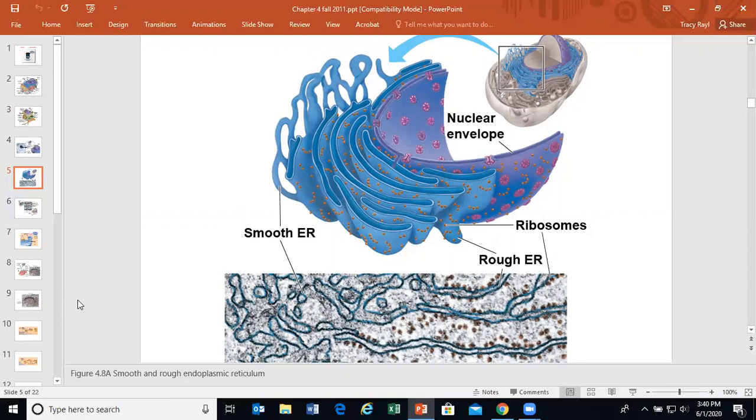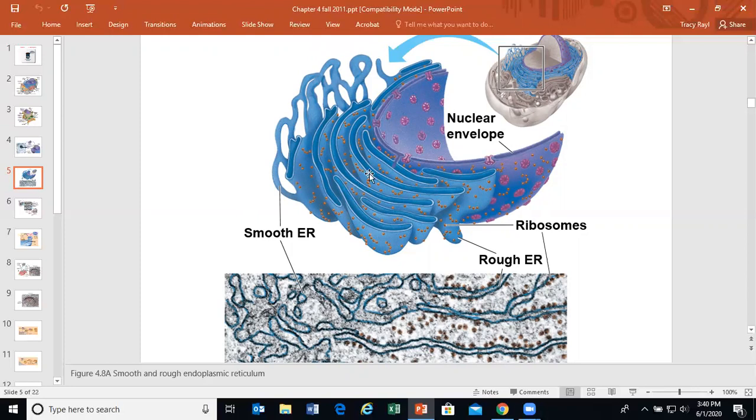So at the top of the next page, you see endoplasmic reticulum. So the endoplasmic reticulum is in two sections. You have one that we refer to as the rough ER here, and then the smooth ER out to the outer edge. And notice that the rough ER section is contiguous or adjacent to the nuclear envelope.